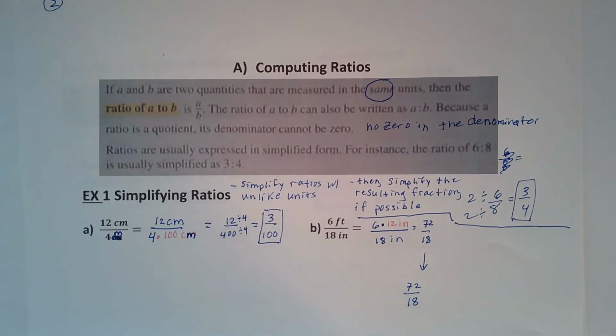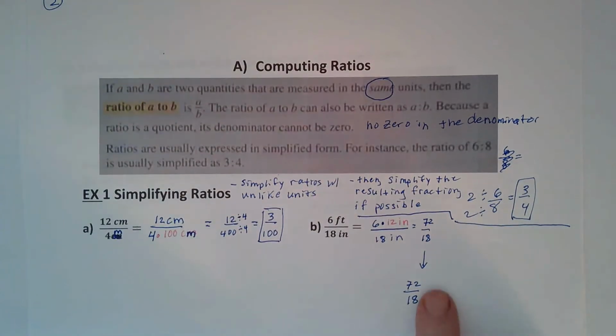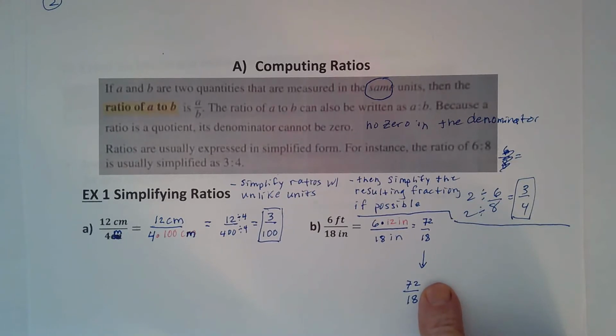Both of these are even numbers, so that means we can divide a 2 out of each of these. If I divide 2 out of 18, because that's the easier one, I get 9. If I divide 2 out of 72, I get 36.